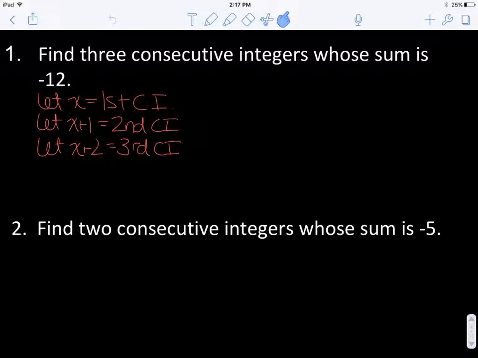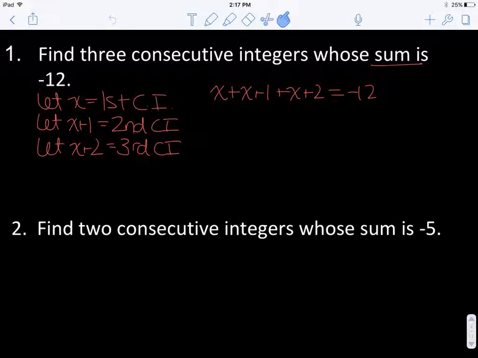Now we need to set up our equation. All right. The problem is telling us the sum is negative 12. So x plus x plus 1 plus x plus 2 equals negative 12.